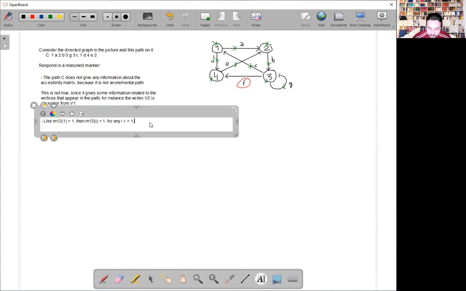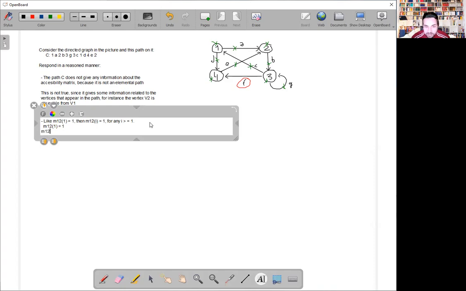So, in fact, this is true. For the accessibility matrix of order 1, the position 1, 2 is 1.